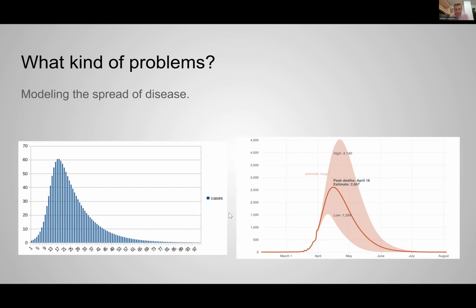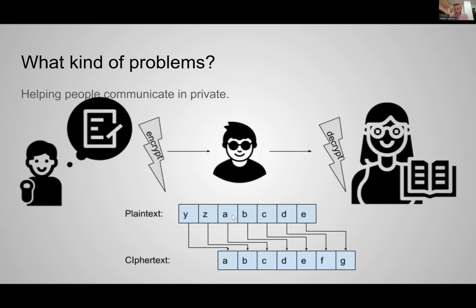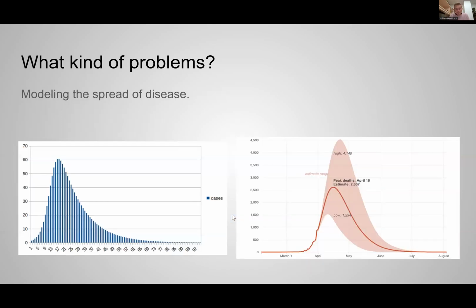This is back to our example of talking about the coronavirus. When we first had the virus outbreak, what people wanted to decide was how much we had to keep people away from one another to make sure that the spread of the virus wasn't too extensive.